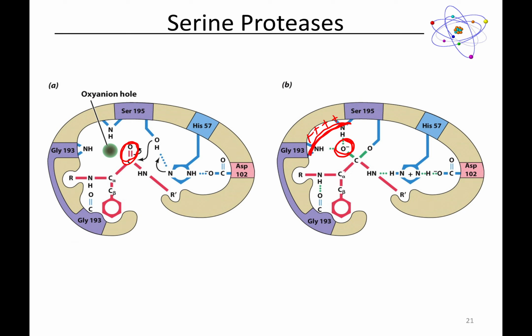So that decreases the energy of the transition state. That makes the reaction faster. Okay, and then we can get the collapse of this pocket, right? So we get collapse, and in this case, we're going to release the NH. So we've broken that bond.